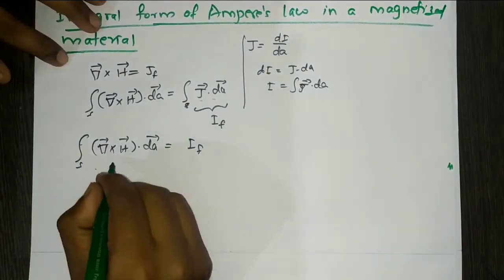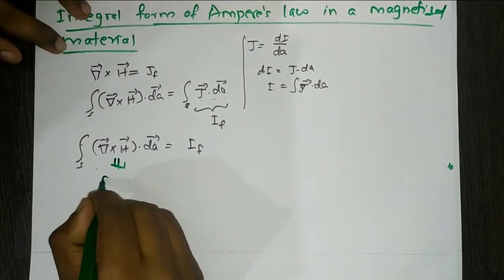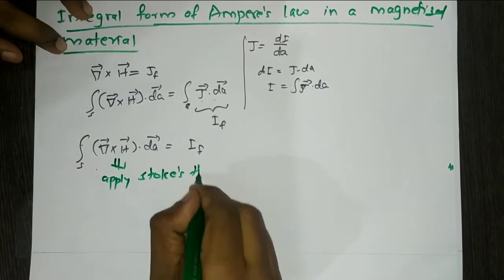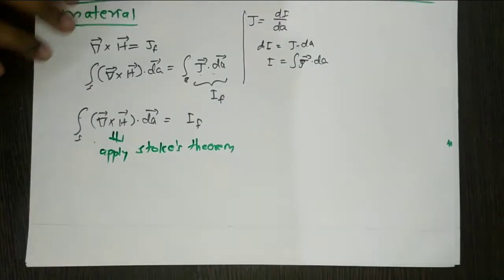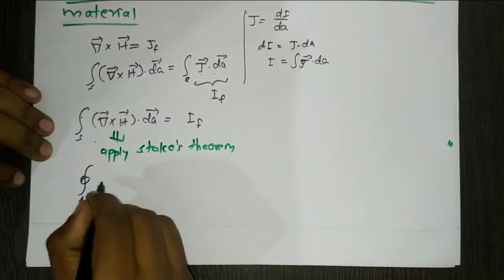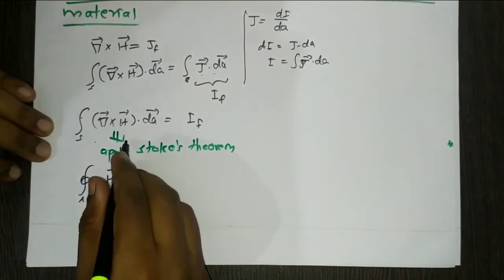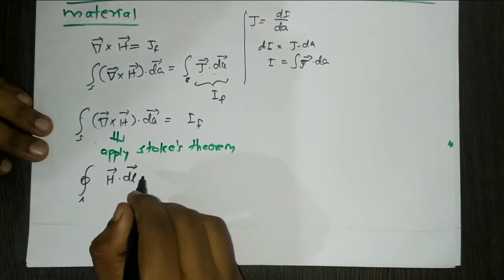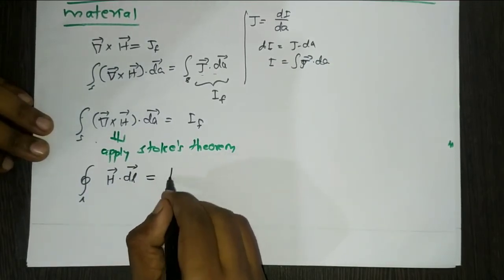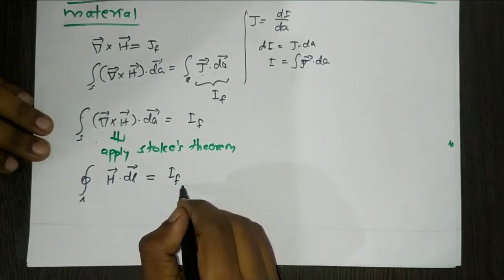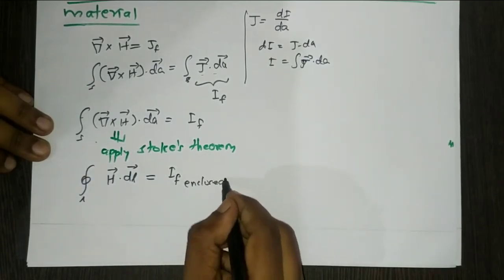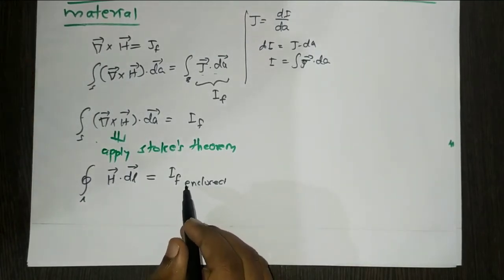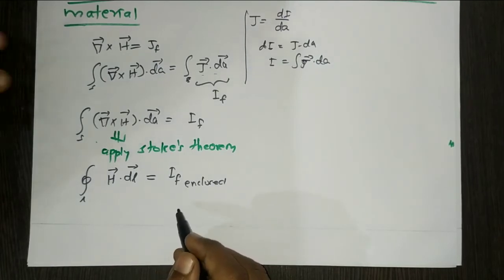Here I apply Stokes theorem. This surface integral can be written as a line integral, that is the line integral of H dot dl, and that will be equal to IF. This is the free current enclosed, or the total current flowing through the Amperean loop.